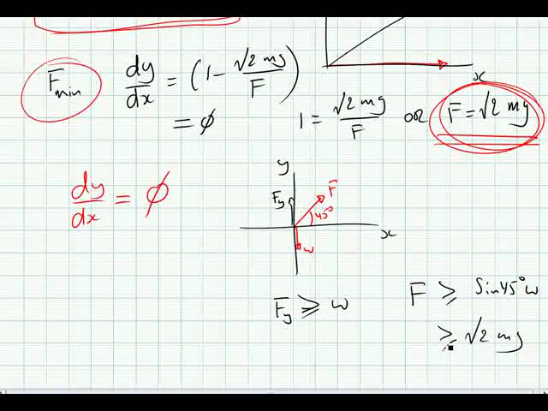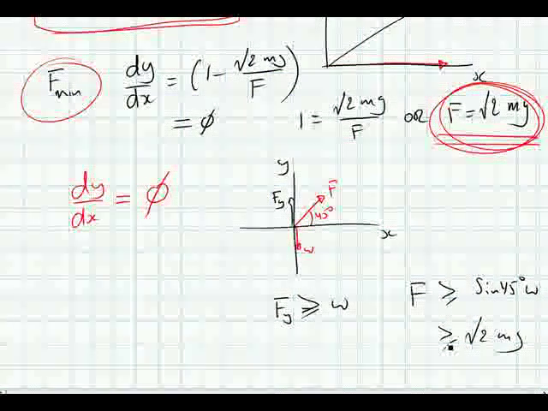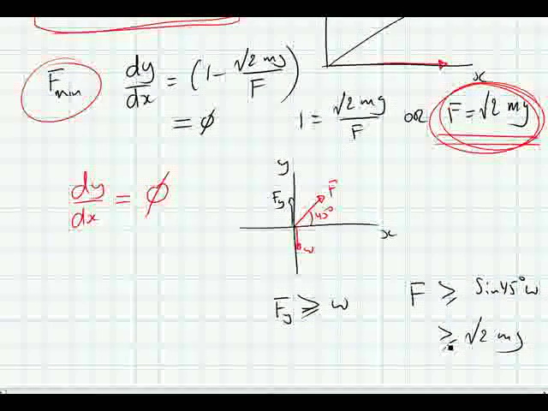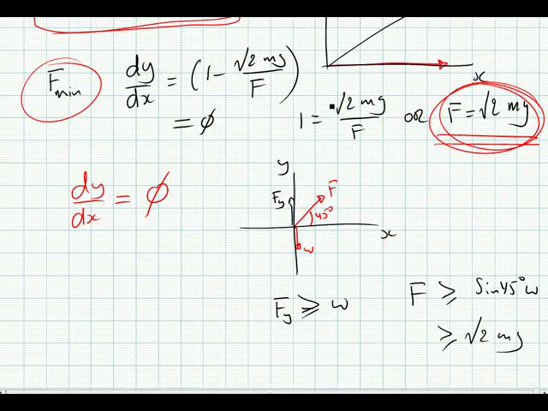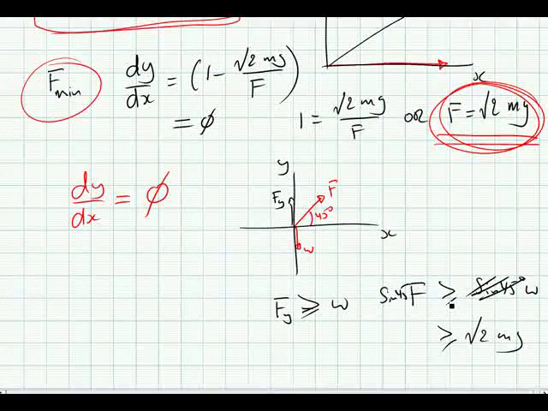So either way you would have gotten the same answer. I'm sorry, what I meant to say here is that sine of 45 is on this side, not this side.